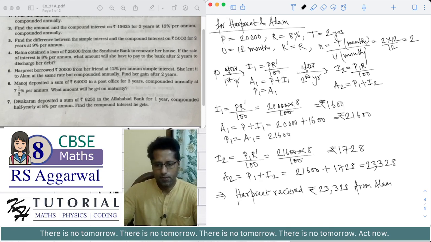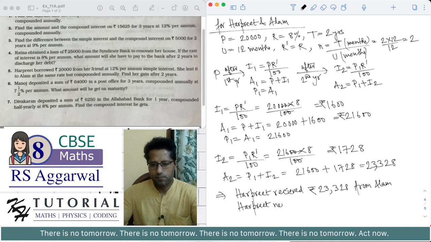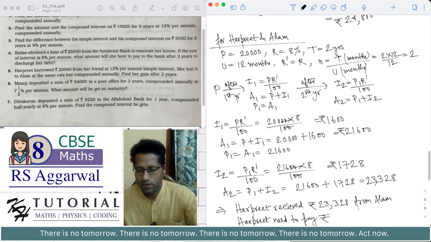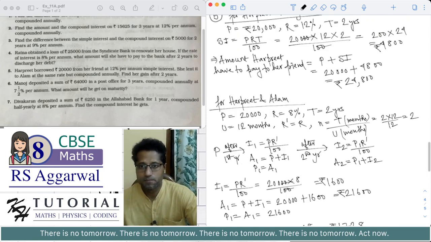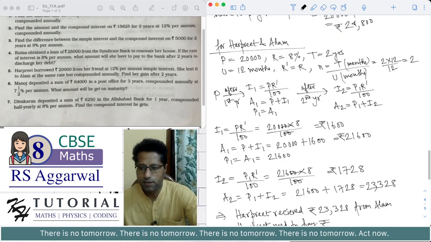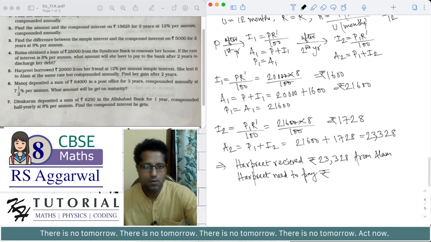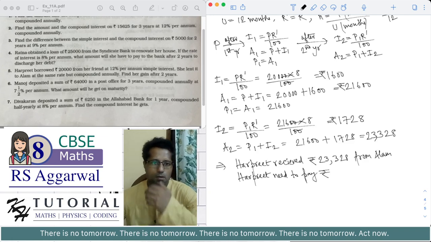Also, Harpreet needs to pay, that is the amount on the simple interest, 24800, to her friend. We need to find her gain after 2 years.